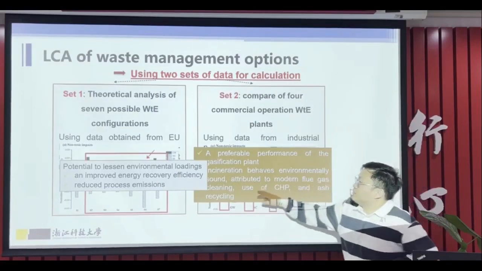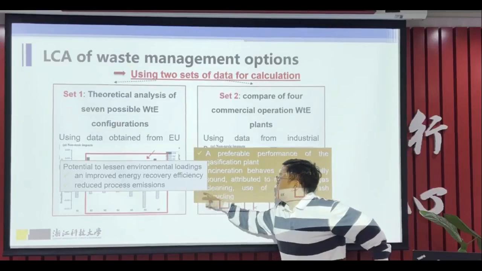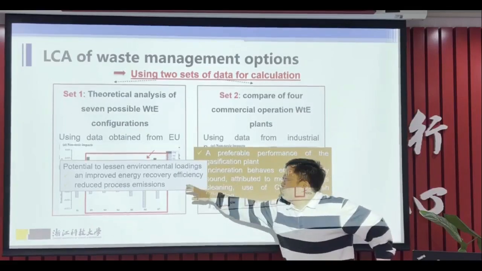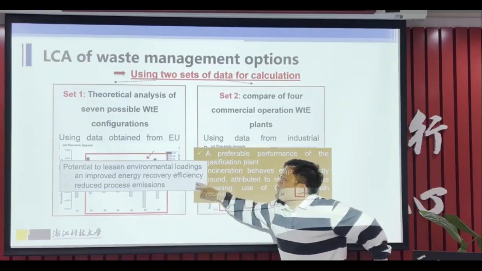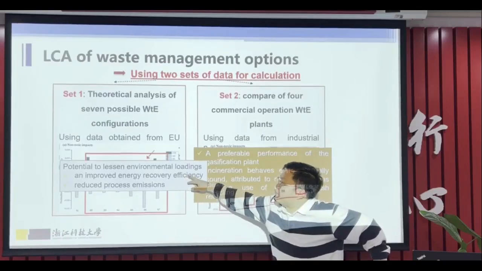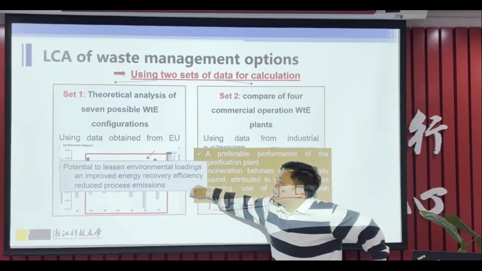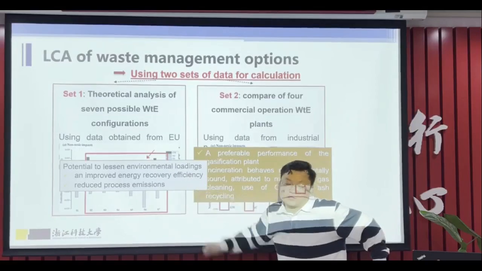Flue gas cleaning is used to reduce the process emissions. So these are the two main methods: one is to increase the energy recovery efficiency, and the other is to reduce the process emissions.